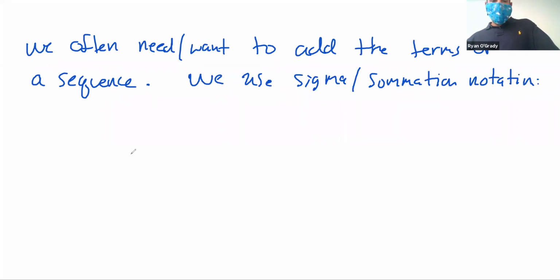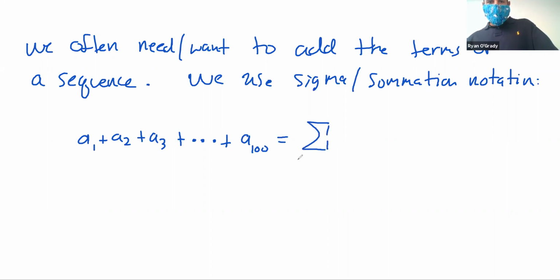All right. And that is, we say, okay, if I have a sub 1 plus a sub 2 plus a sub 3, and maybe I want to go up to, say, the 100th term, I can adopt the shorthand by saying, we're going to take these terms and we'll start at the first and we'll go all the way up to 100.